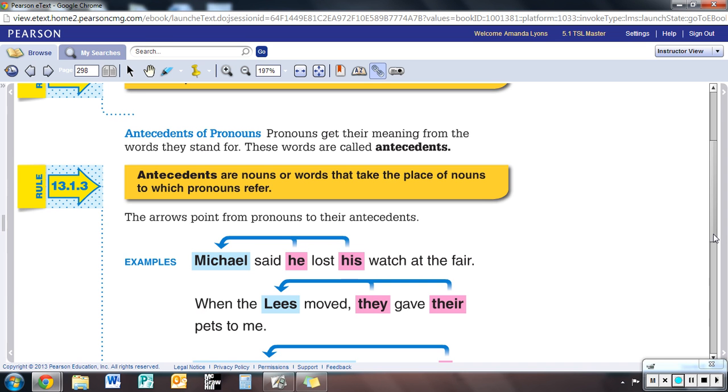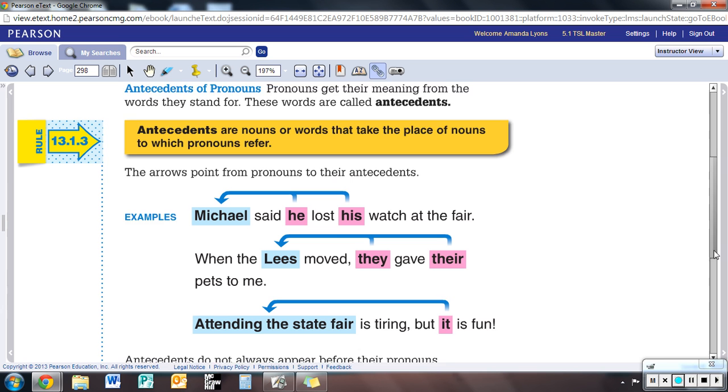I know, that's tricky. So that means that when you're using pronouns in a sentence, we know it's tied to a noun, so you don't have to say that noun over and over again, okay? So take a look at these examples in the book.